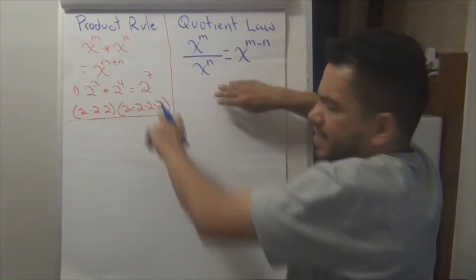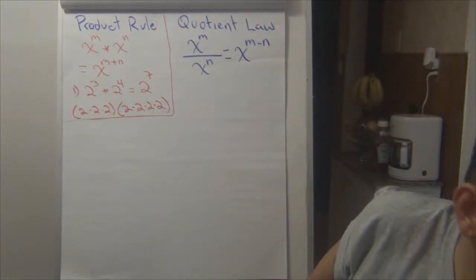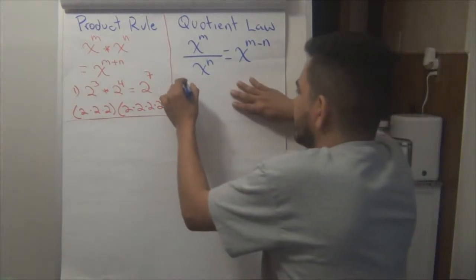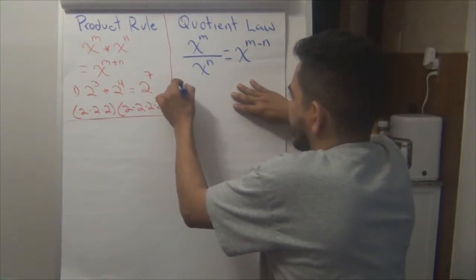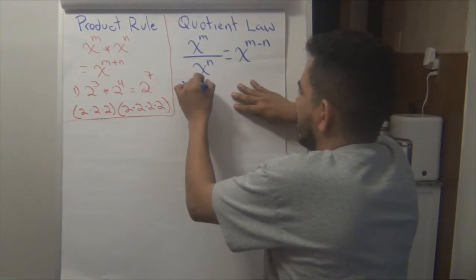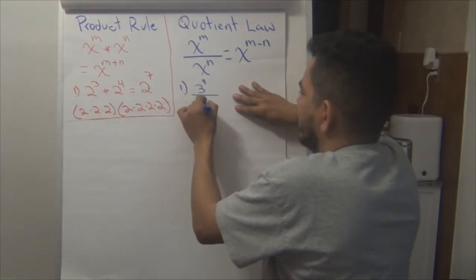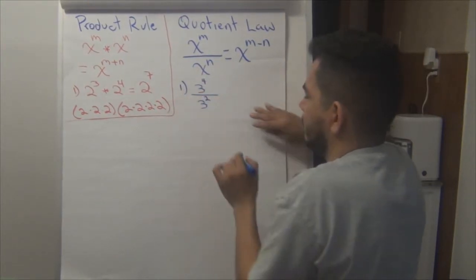So the proof is the following. Let's see if I have another example. Example number 1. 3 to the 4th power divided by 3 to the 2nd power.